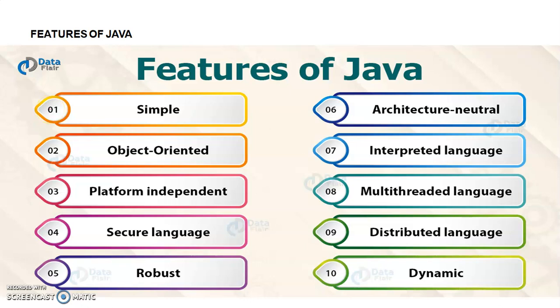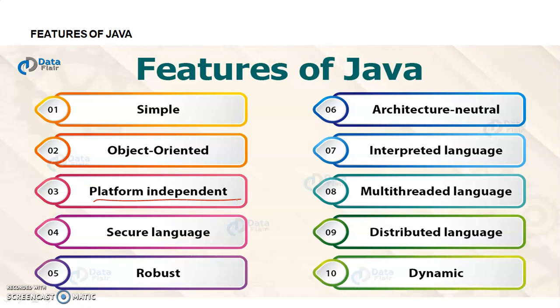Next one is features. Features of Java: simple, object-oriented, platform-independent, secure, robust, architectural neutral, interpreted, multi-threaded, distributed, and dynamic. So the most important features of Java, we already discussed. Platform-independent, right?